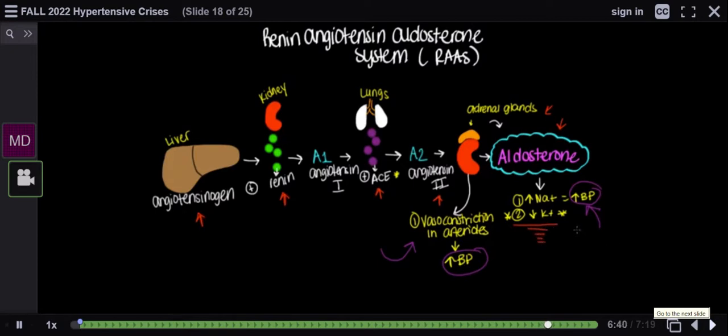So we have to think about that from a nursing perspective as far as client care preventative measures. In addition to that aldosterone release, we know that angiotensin 2 at the level of the kidney is going to cause vasoconstriction in the arterioles, which will increase blood pressure as well. So there you have it, short and sweet, the RAAS system.